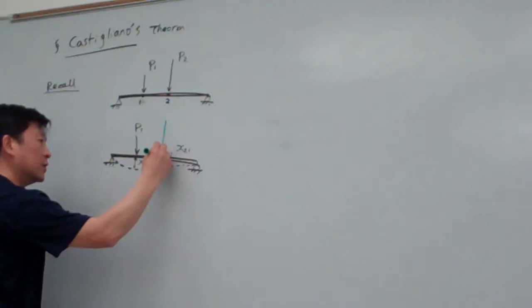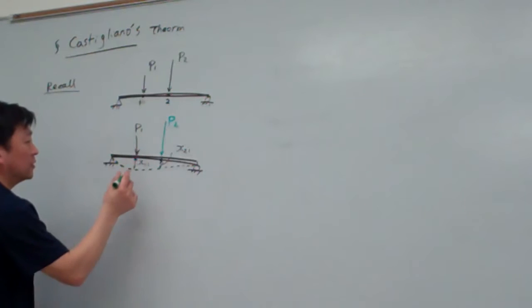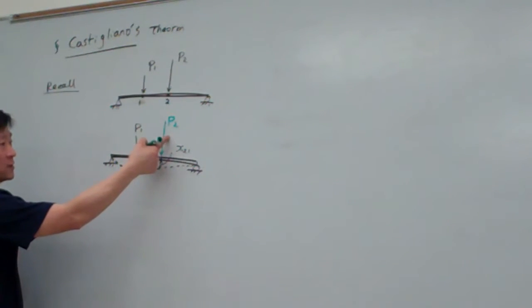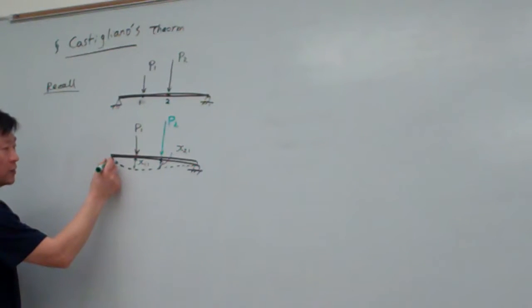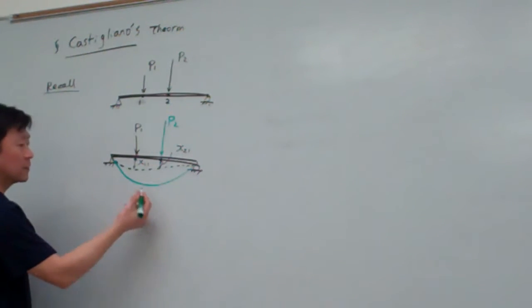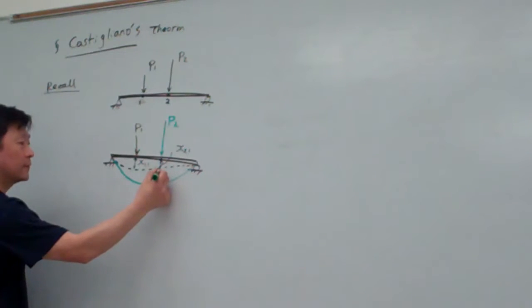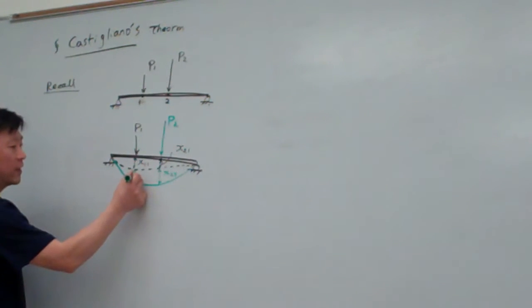And again, the loading is applied quasi-statically, which means slowly. The contribution of the second loading to the overall will be described by the green curve. In the meantime, P1 keeps being applied. So that is the deflection by this. Now, per our notation, this is the deflection at point 2 due to loading 2, and this is the deflection at point 1 due to loading 2.